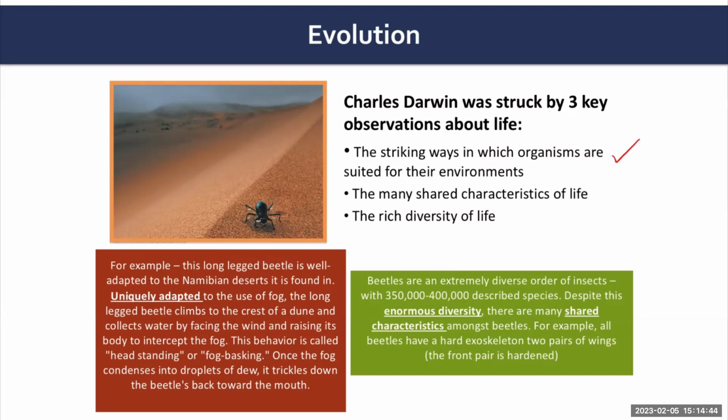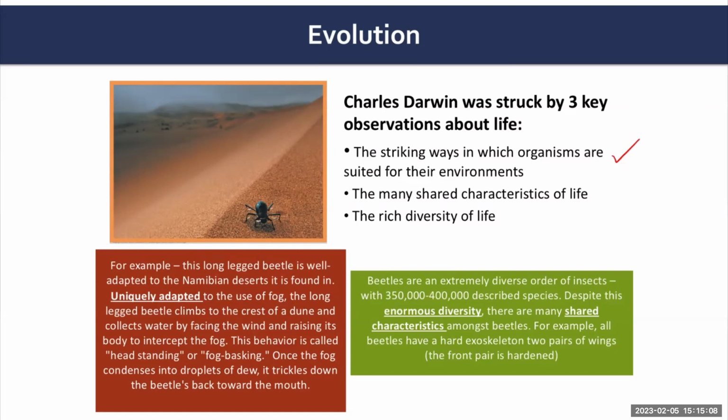All life is made of cells, and there are certain similarities between those cells that are shared among all living things. So he was impressed by both the shared characteristics of life and also the rich diversity of life, how much variation there is among and between Earth's different creatures.